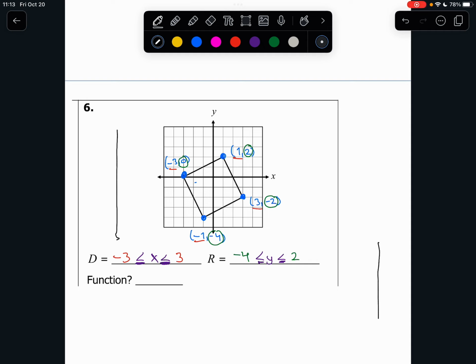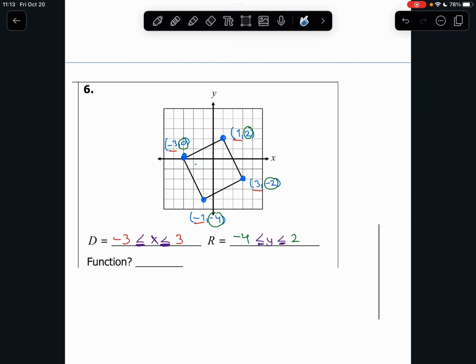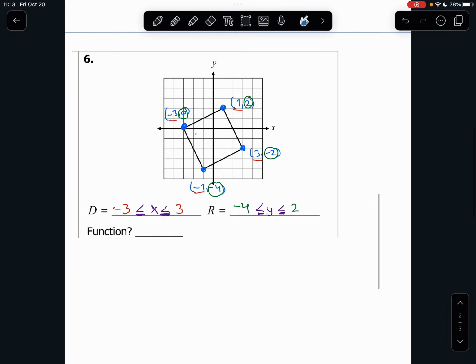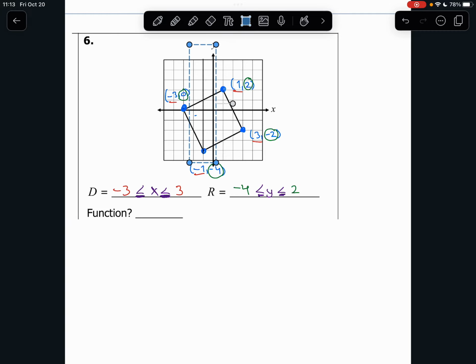Maybe if I draw over here. There we go. All right, I'm going to erase this one over here. And basically I can take this line, if I can move it. There we go. I'm going to use that as my vertical line test.